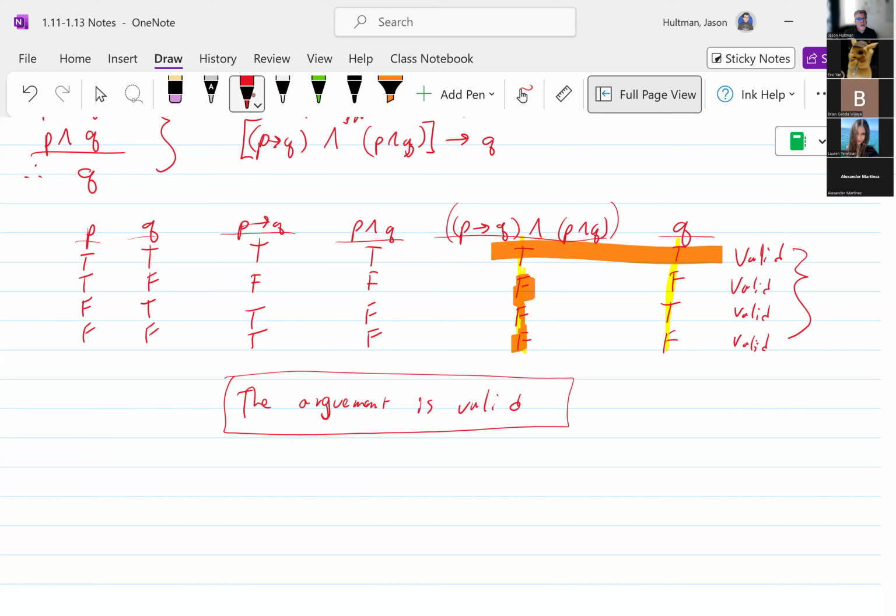Okay, why is it valid? Because we didn't end up with any TFs. A TF is death. Okay, two valid arguments. A T with an F, not good.